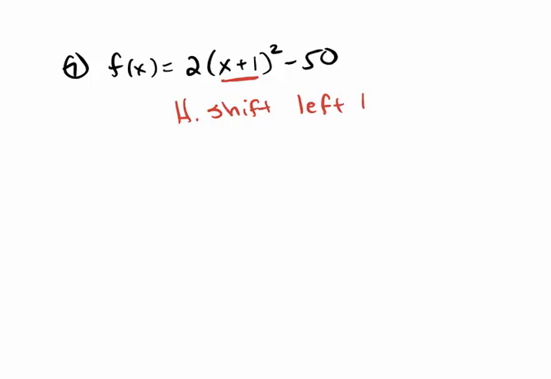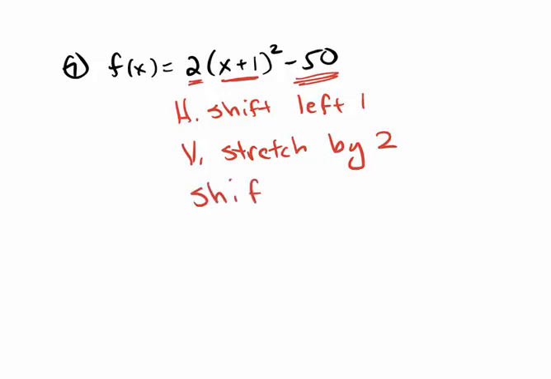And then on the outside we are multiplying by 2, so that's a vertical stretch, since 2 is bigger than 1, by 2. And then finally, here's what would make it a challenge to graph on your calculator. You'd have to change the window because this thing is shifted. It's a vertical shift, but shifted down 50. Okay, so we got a shift to the left 1, vertical stretch by 2, down 50 in that order.